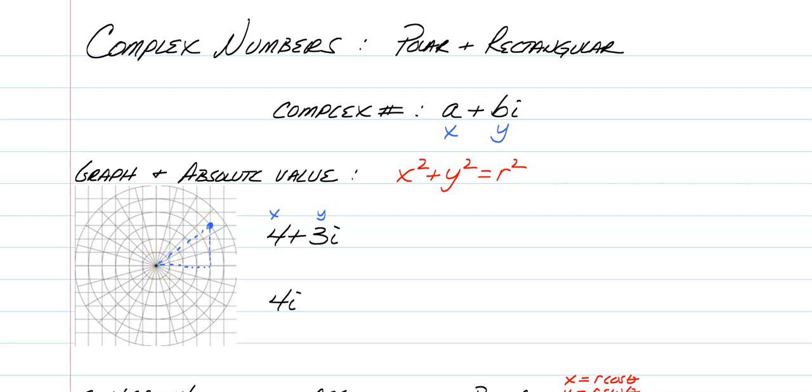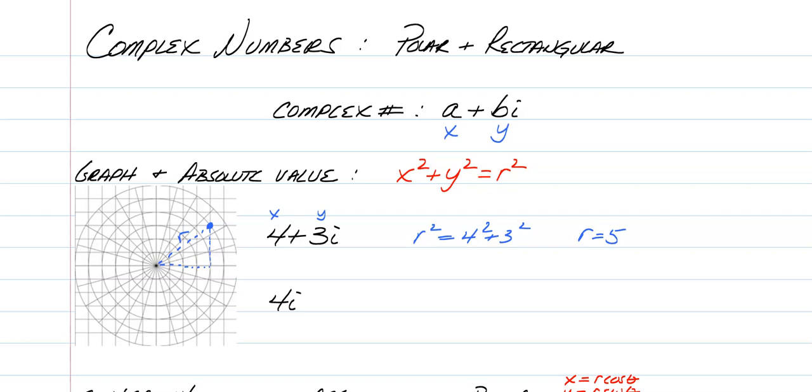But since we're on a polar coordinate, also circular, this is going to be our radius. So all we have to do is r squared is equal to 4 squared plus 3 squared. That's going to give us r squared is equal to 25, so r is equal to 5. So this r is equal to 5 is also the absolute value of a complex number.